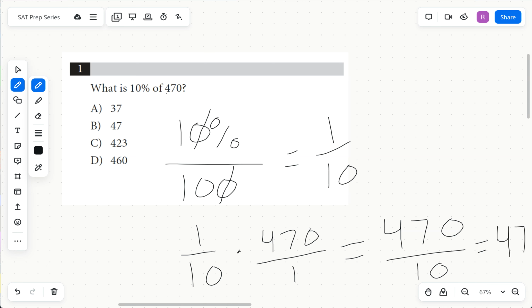Again, when we're dividing, if you have extra zeros on the end of your numbers in the numerator and denominator, you can just cancel those out. And so 470 over 10 is the same as 47 over 1, which is just 47. So that would be answer choice B.